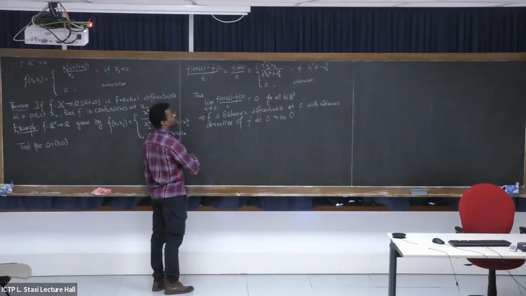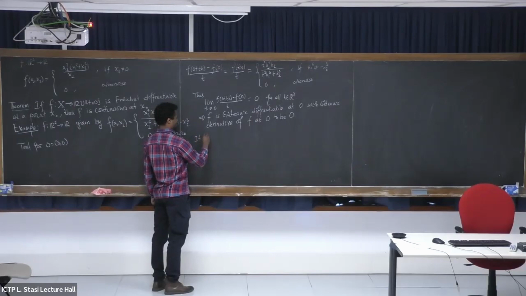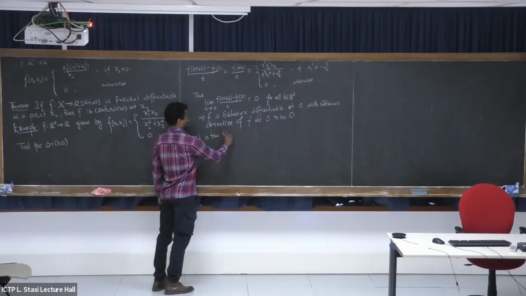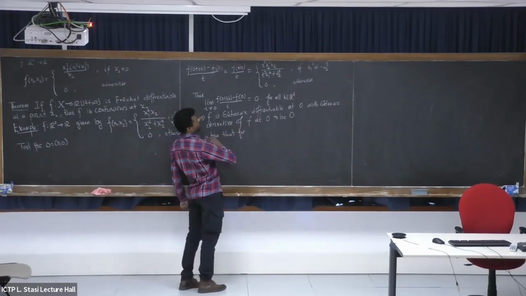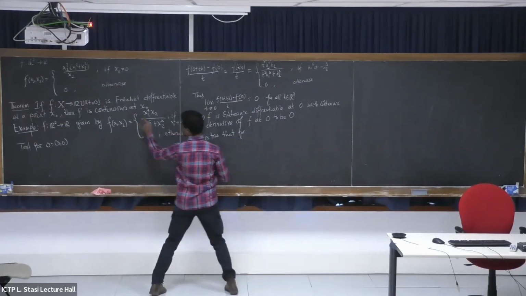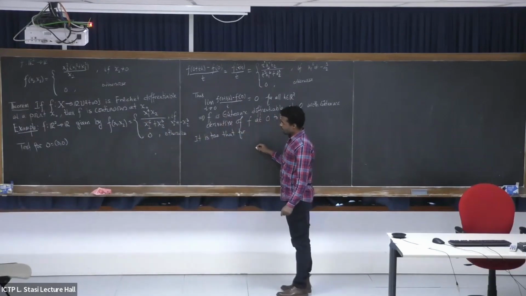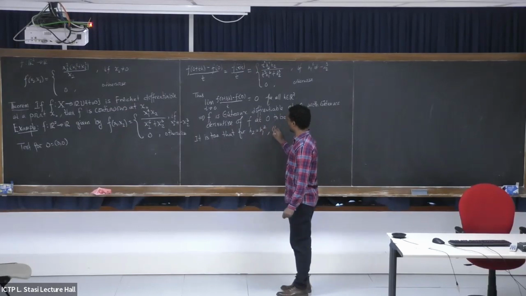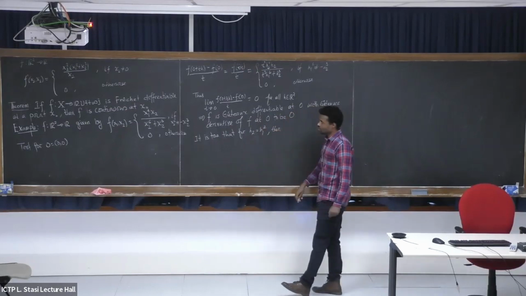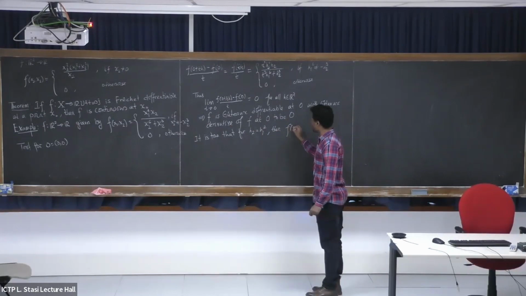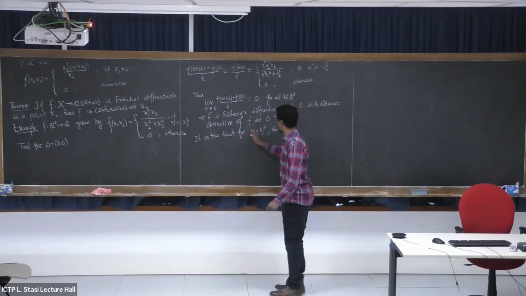It is true that if I make h1 and h2 such that h2 equals h1 to the power of 2, then what will come is f of x1, x2, sorry, this is x2.